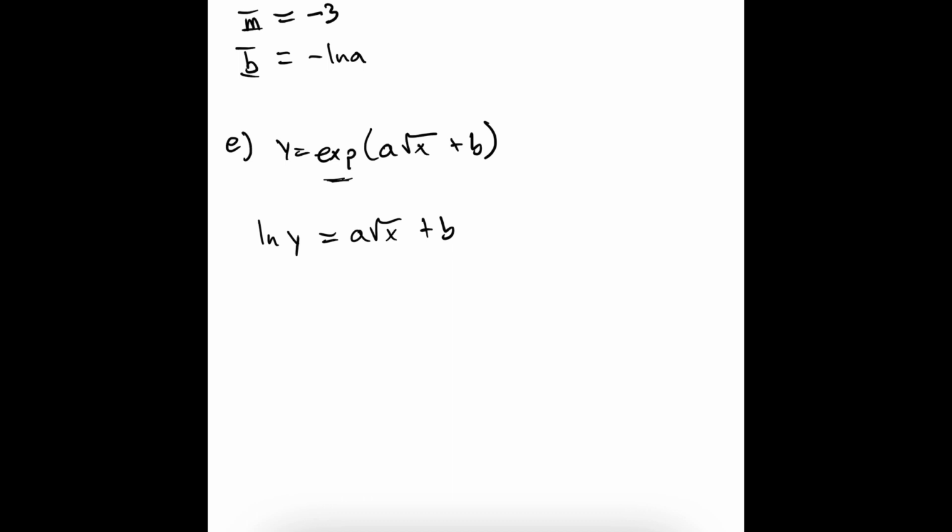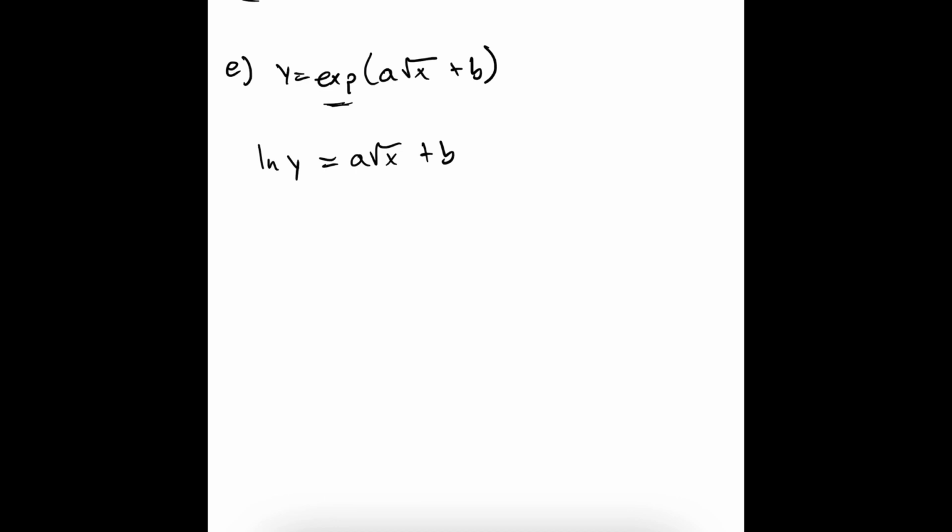Hey, that looks a lot like a line. This is one of the easier to see ones. So y equals the natural log of y, x equals the square root of x, m equals a, and b equals b.